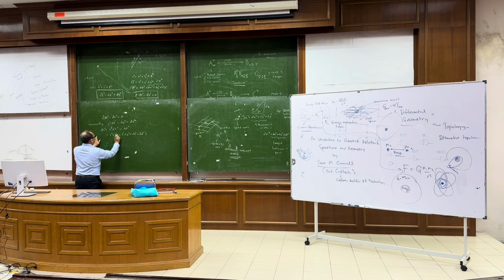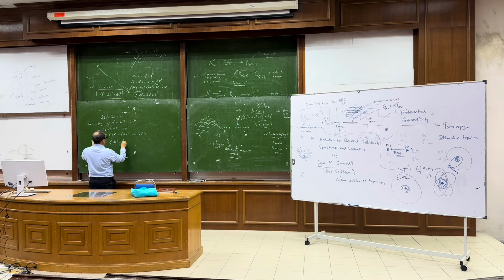And in spherical coordinates, which we usually use in general relativity and represent in tensor form, this is dr squared plus r squared d theta squared plus r squared sine squared theta d phi squared.